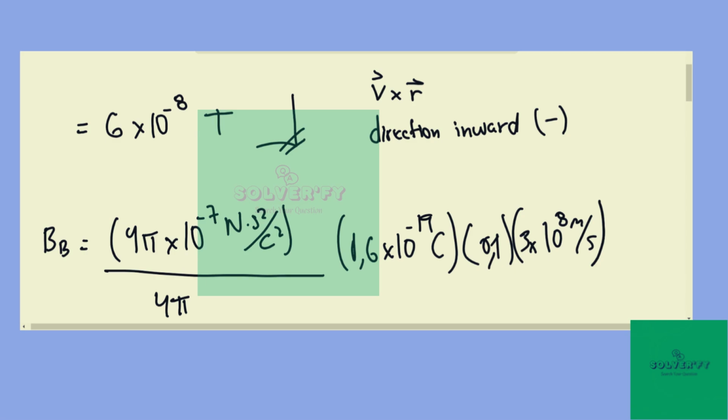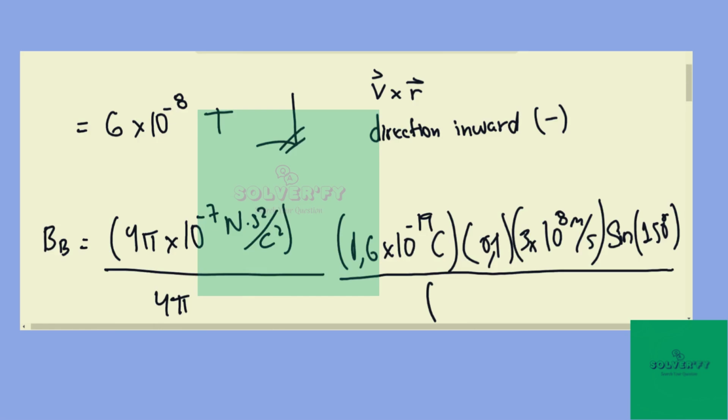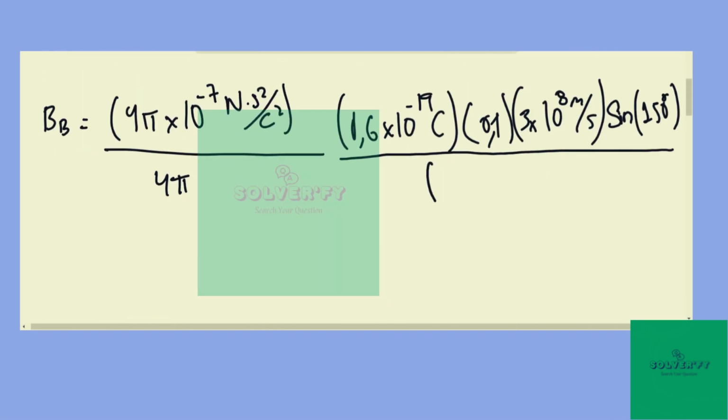But what changes is the angle between these two is 150 degrees. And the distance is also the same because it is stated in the problem that all these points are at a distance of 2 times 10 to the minus 6 meters, squared of course. And if we introduce all of this information into the calculator, we obtain a value of, again, 6 times 10 to the minus 8 Tesla.